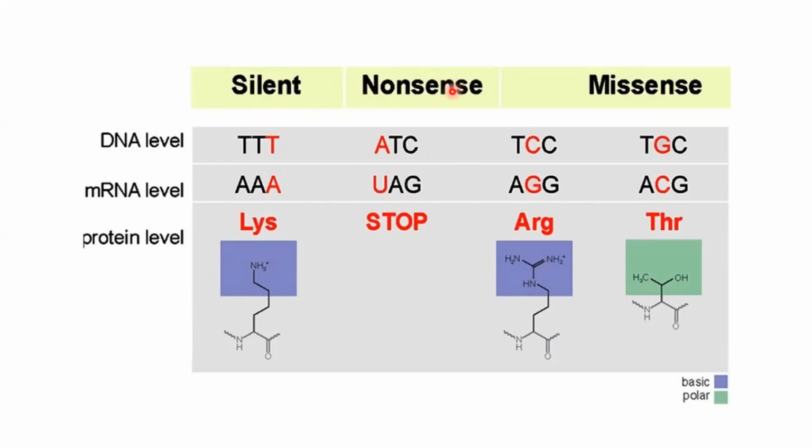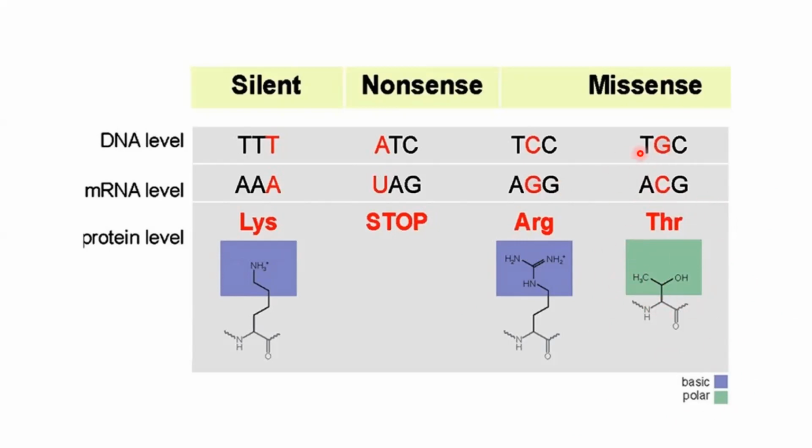Nonsense means that you replaced one amino acid by mistake or as an error, and it led to an early stop codon or a late stop codon. Nonsense means that the stop codon is introduced. Missense means a wrong amino acid is introduced. For example, if TCC was replaced during DNA replication by TGC, now the cell with TGC is going to have threonine instead of arginine placed here, and the protein will be missensed. It will be wrong.